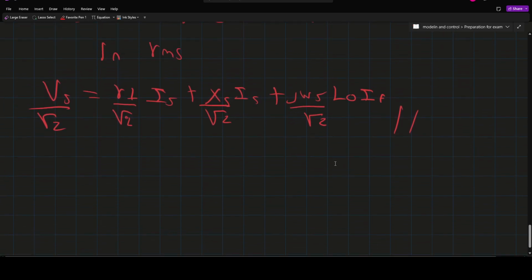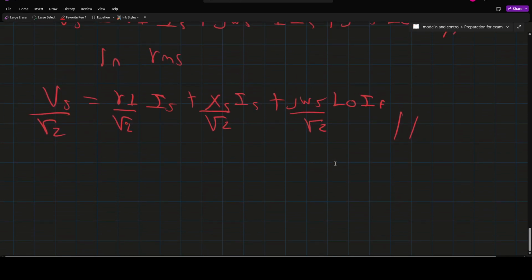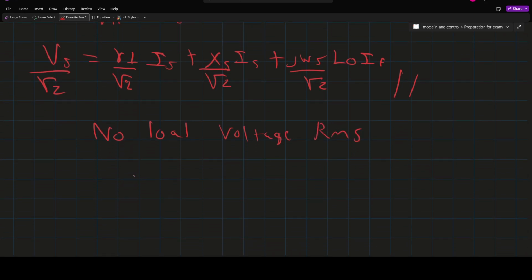Now, remember that we have a permanent magnet in the rotor. So we're gonna say that this part over here is gonna be our no load voltage in RMS. So it's gonna be omega s L0 If over square root 2.